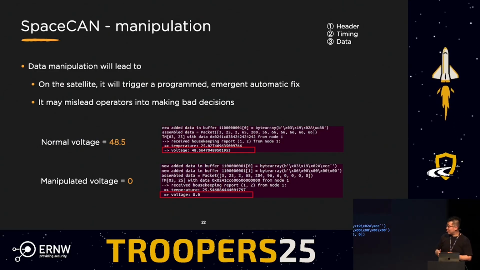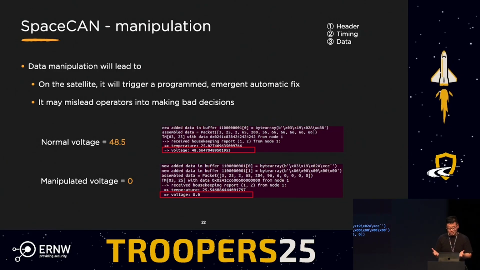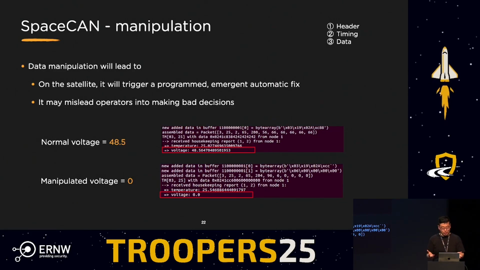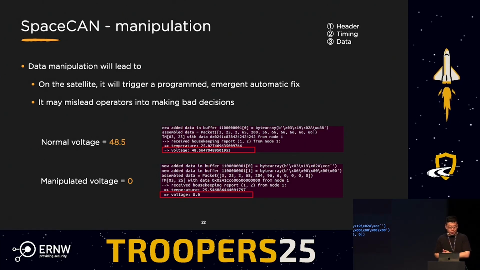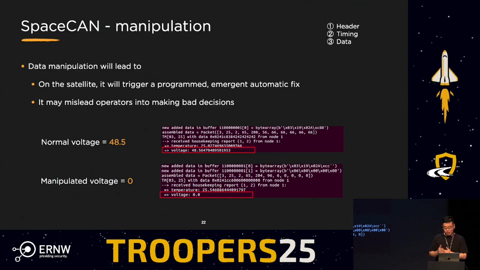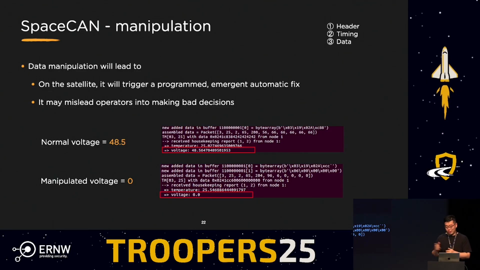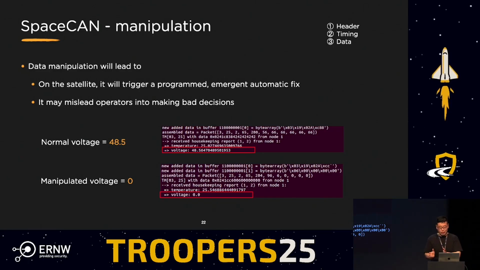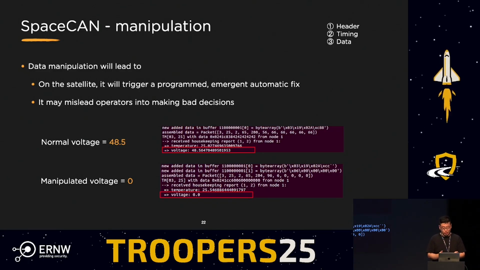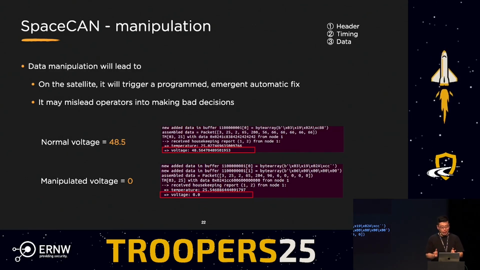And why is this important, and what does it matter if we can manipulate this kind of data? It's very important because if you can manipulate the data internally and the telemetry is sent back to the ground station, the operators there may not know what is going on.